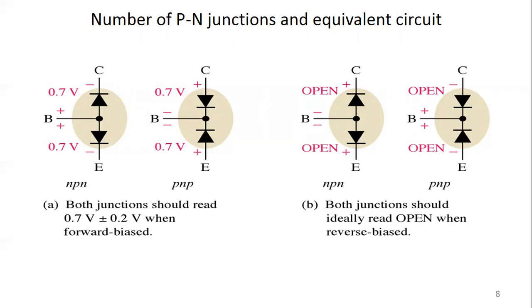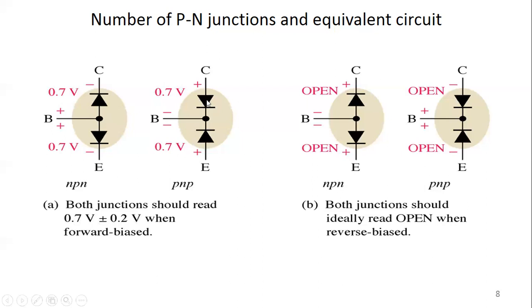So in order to turn on this NPN transistor, we have to supply 0.7 volt to both of the PN junctions, or 0.7 volt plus minus 0.2 volt that we have to maintain across those junctions or diodes of this BJT transistor.